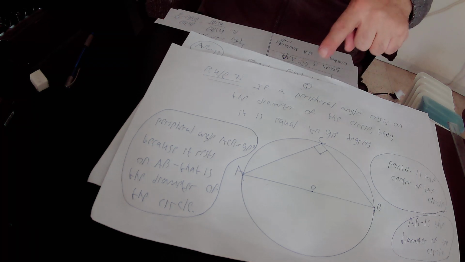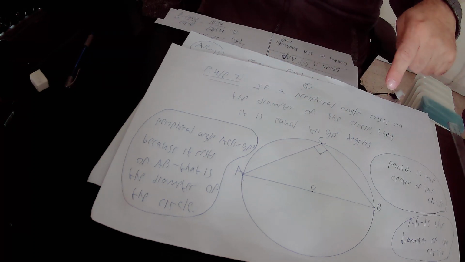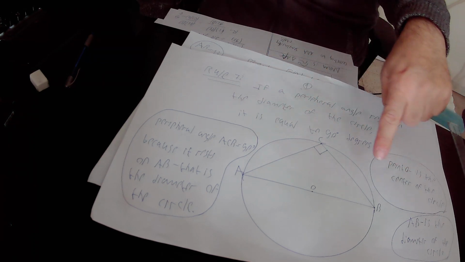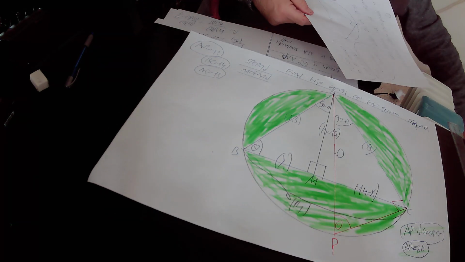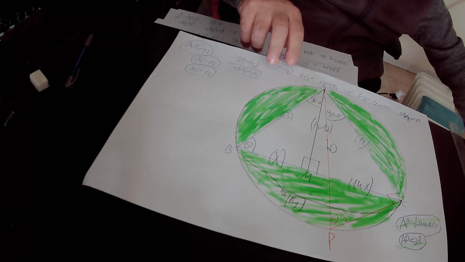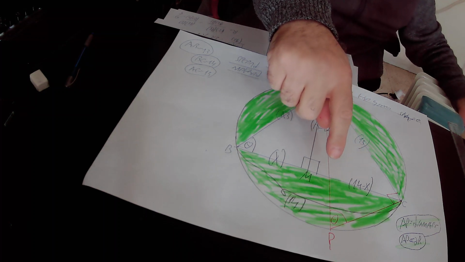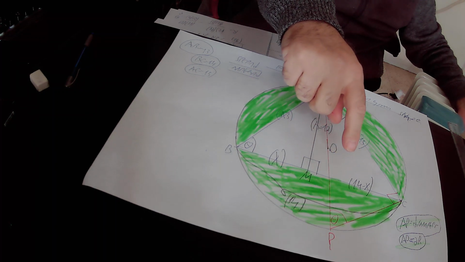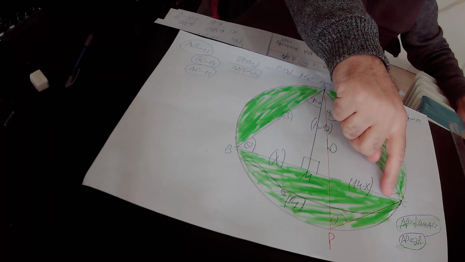Here we have peripheral angle ACP that rests on AP, the diameter of the circle. Therefore, peripheral angle ACP equals 90 degrees. We can implement rule number 7 in our drawing, because we have peripheral angle ACP resting on the diameter AP. Therefore, according to rule number 7, this peripheral angle ACP must be equal to 90 degrees.